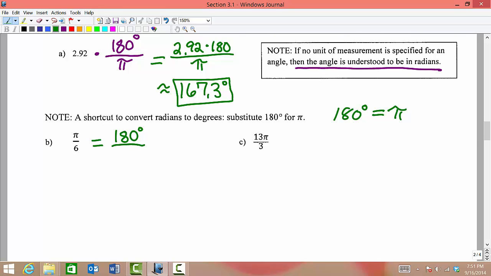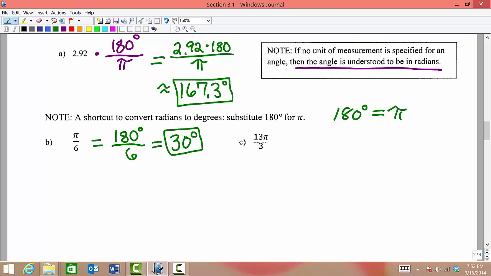So pi would be the same as 180, and then pi divided by 6, I'm going to divide 180 by 6, and I get 30 degrees. And that's a really quick and easy way. Just substitute pi with 180 degrees, and that will get you to a quick and easy way to convert if it's written as a multiple of pi.